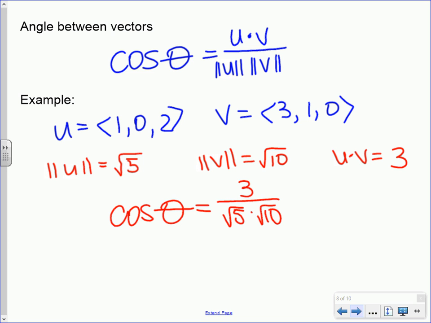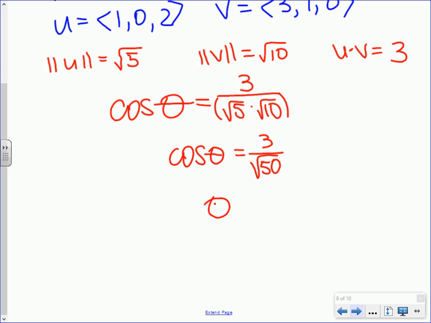In my opinion, so you do not screw up the denominator, either put parentheses around that or take the inverse cosine of 3 over radical 50. Multiply the denominator together so you don't mess up your order of operations. All right, with your calculators in degree mode, please find me that angle in between.